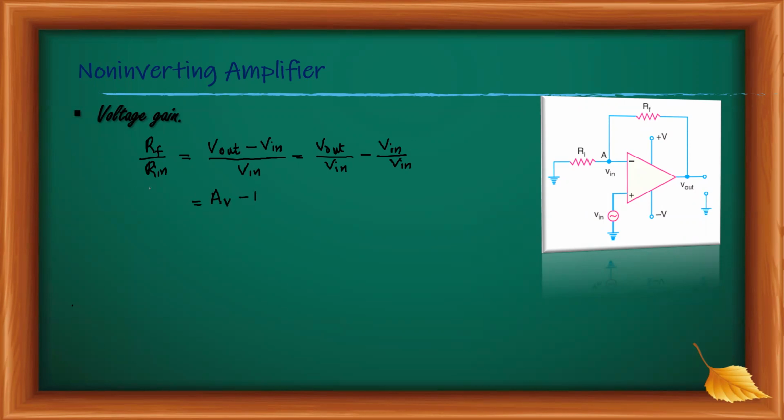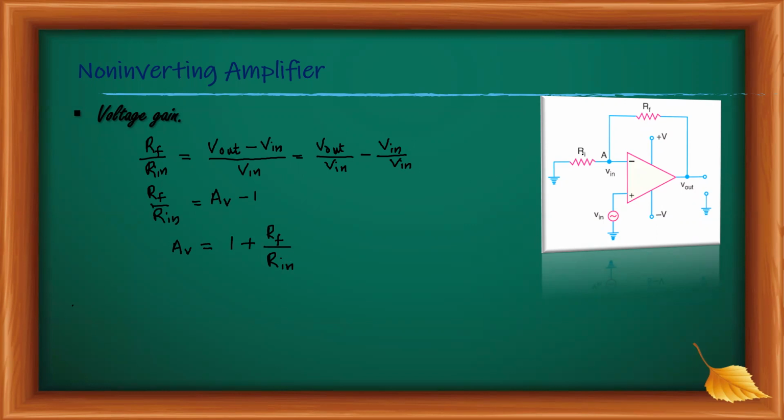So minus 1, or Rf divided by Ri is equal to Av minus 1, or Av, the voltage gain of this amplifier, is equal to 1 plus Rf divided by Ri.